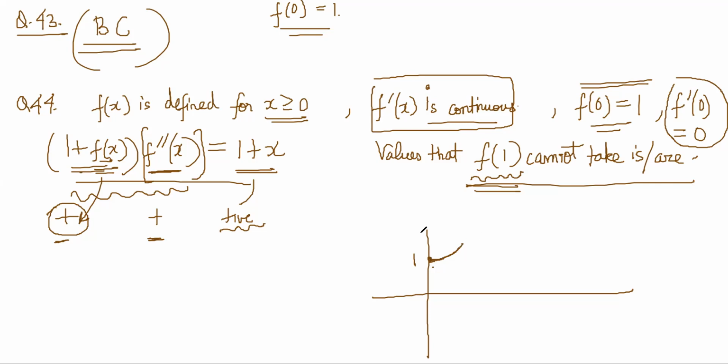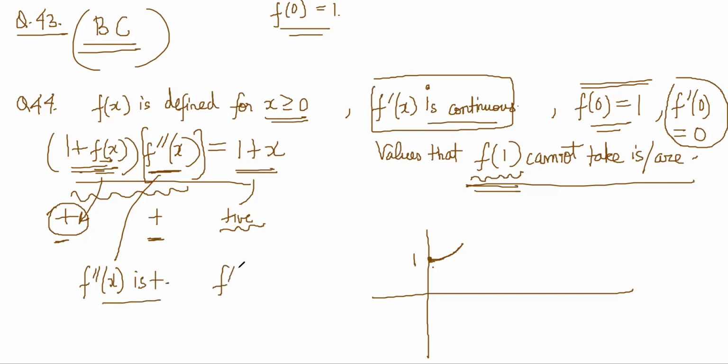Concave up from here. At least in the vicinity it is going up. So that much we know. Then 1 plus f(x) is going to be, so it is an increasing graph now. f''(x) is positive.